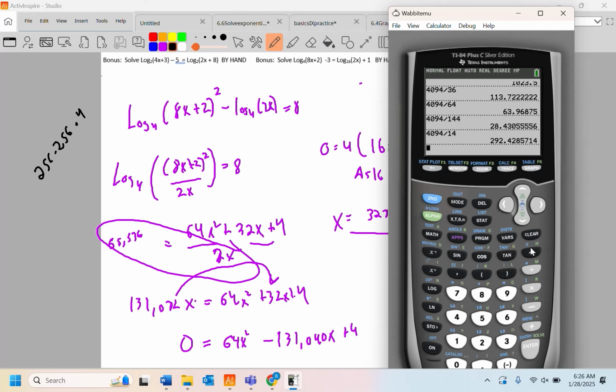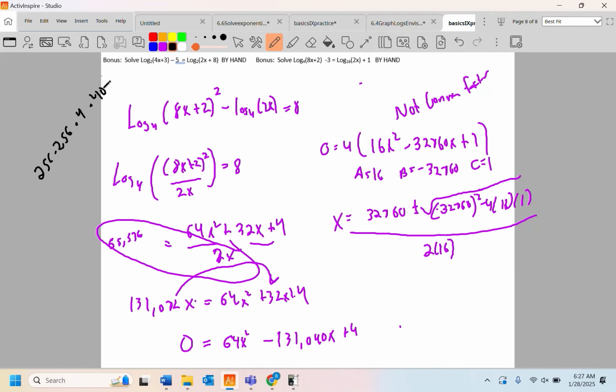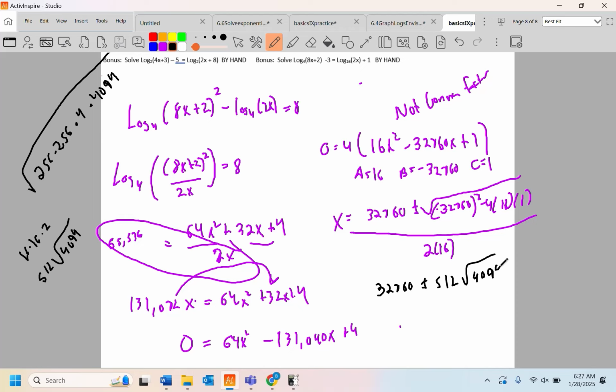No. I think that's where it stops. All right, so we have 16 and 16. We have a 2. That's 256 times 2, 512 square roots of 4,094. So 32,760 plus or minus 512 square roots of 4,094. Both pieces over 32. So wait, there's more.